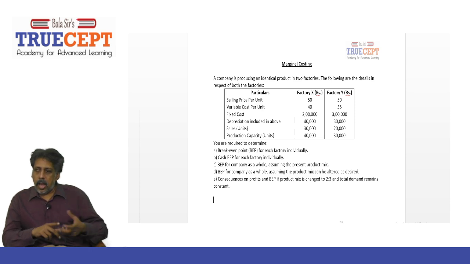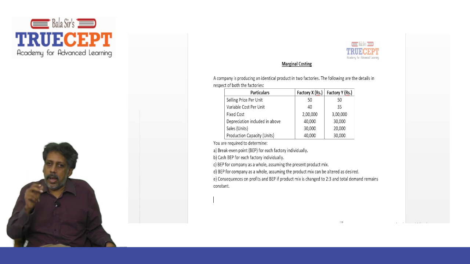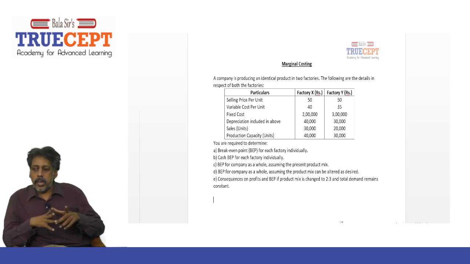And you want to change the mix to what? 2:3. Instead of 3:2, it's going to be 2:3. That's it. These are the questions that are thrown at you. Now, this can come for solid 14 marks in your examination. Or this can be an MCQ. So, 5 questions into 2 marks each, 10 marks.